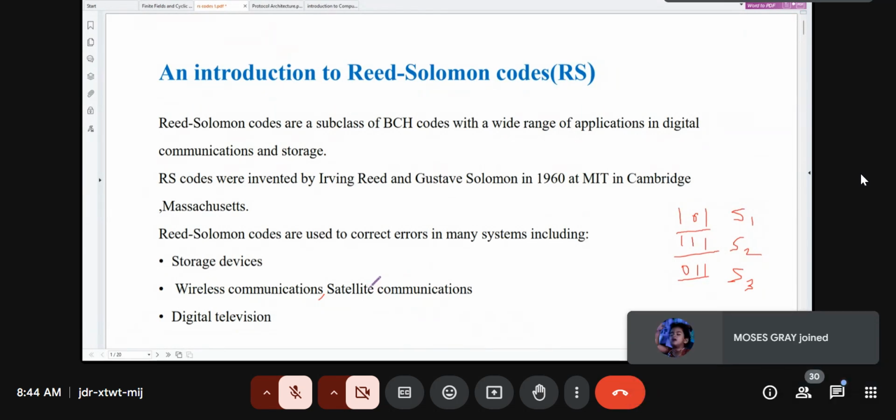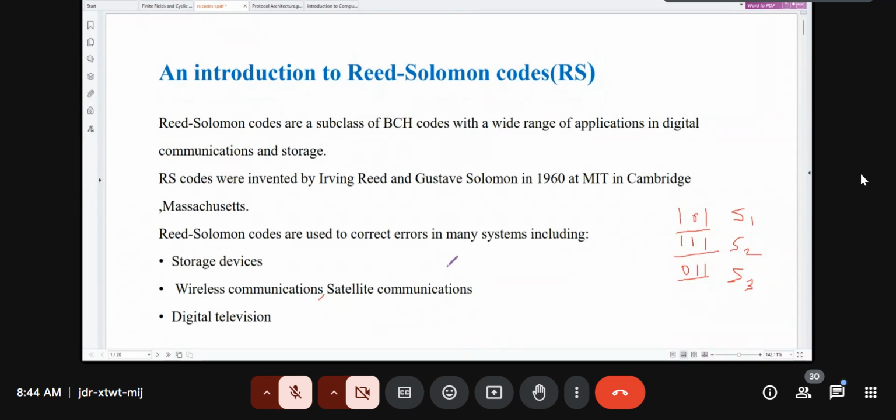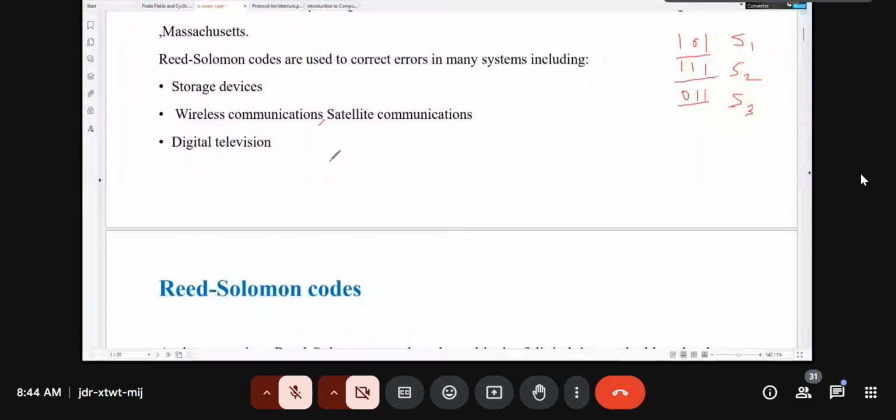you are traversing a long distance, 1,000 kilometers. So sometimes you expect quite a lot of errors, and so you need something which can correct a lot of bit errors.